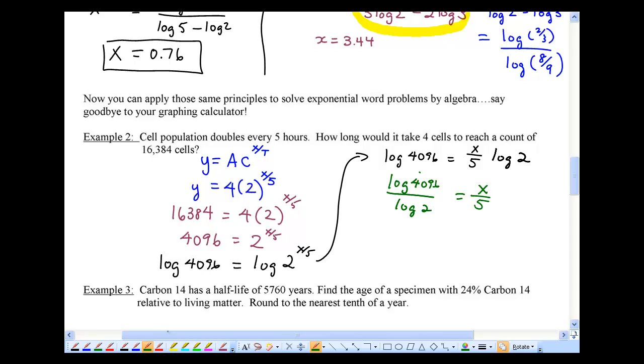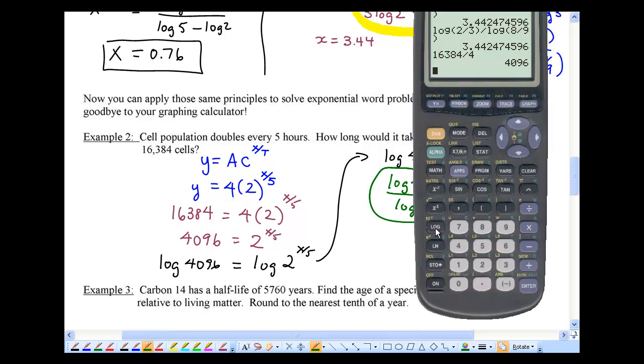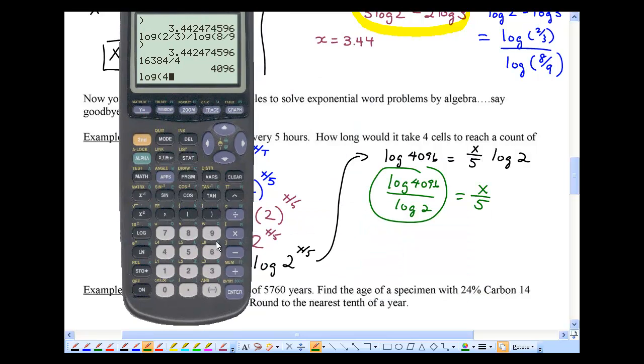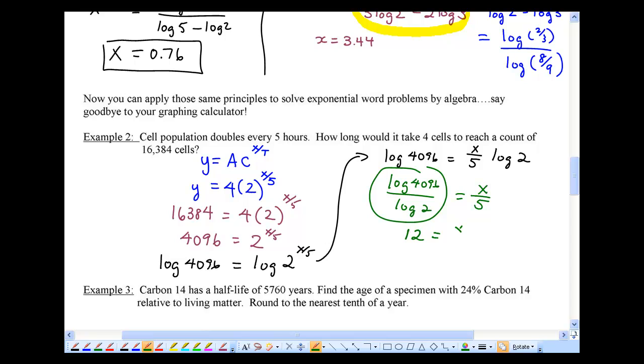And that equals x over 5. I'm going to evaluate this part first. We will finish this off very quickly. Log 4096 divided by log 2. Hey, that's 12. So that's 12. What's x? 12 times 5? 60. So, how long will it take? About 60 hours.